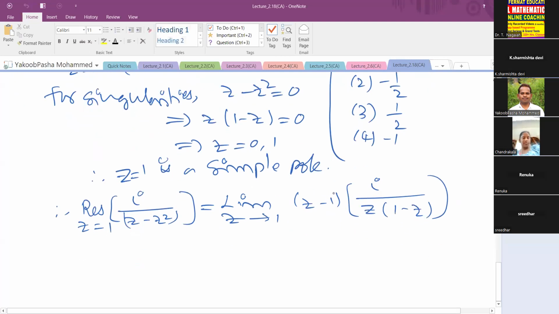So here z minus 1 and 1 minus z cancel, and minus 1 remains. Minus 1 into i means minus i. Now apply z is equal to 1 here. So we get minus i.